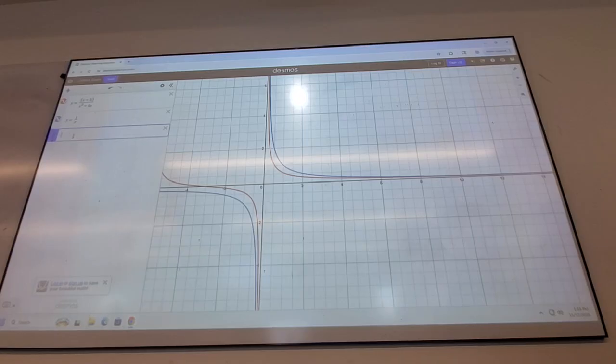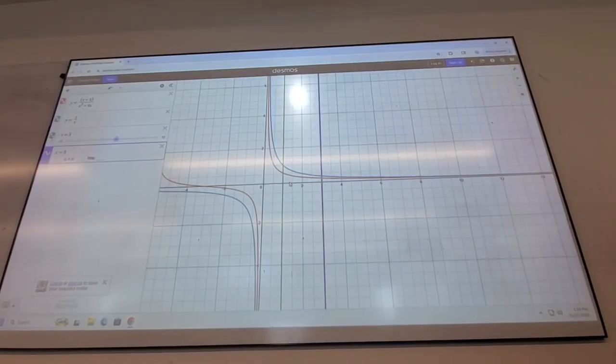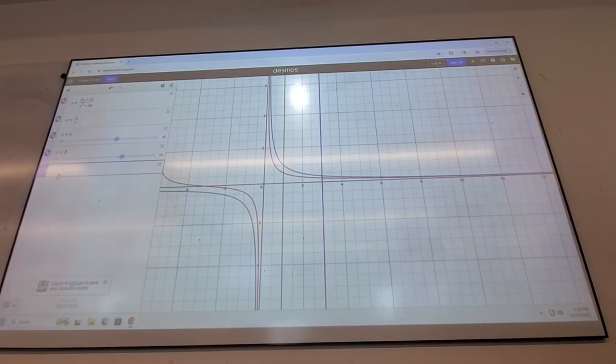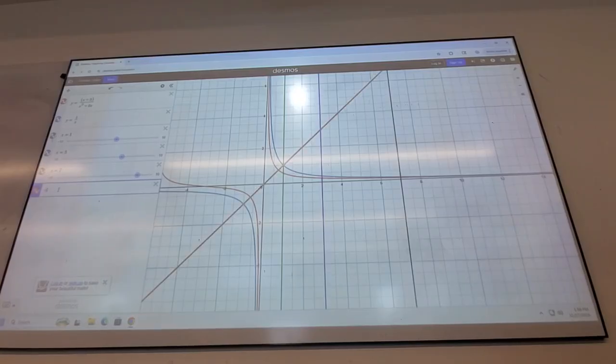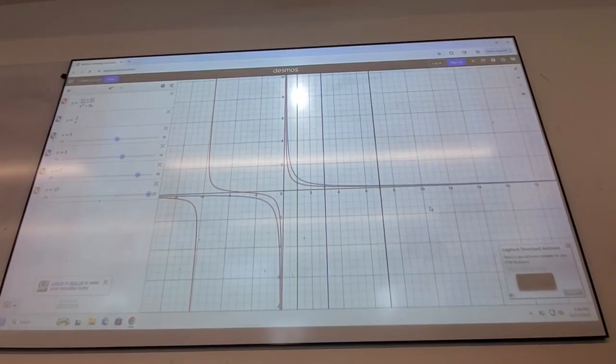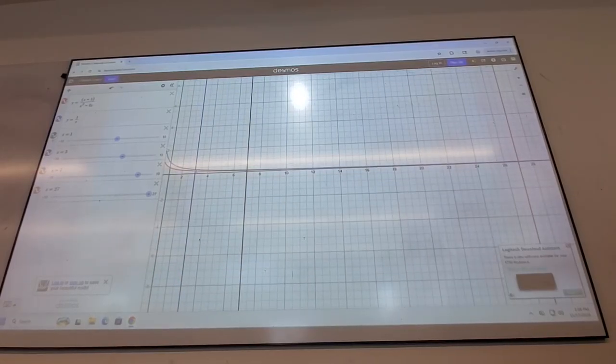So if I look at the area from 1 to 3 under the red line, versus the area from 7, this is a bad example, to 27. It's a horrible example. We'll be all right. So the area from 1 to 3 under the red line is equivalent to the area from 7 to 27 under the blue line.